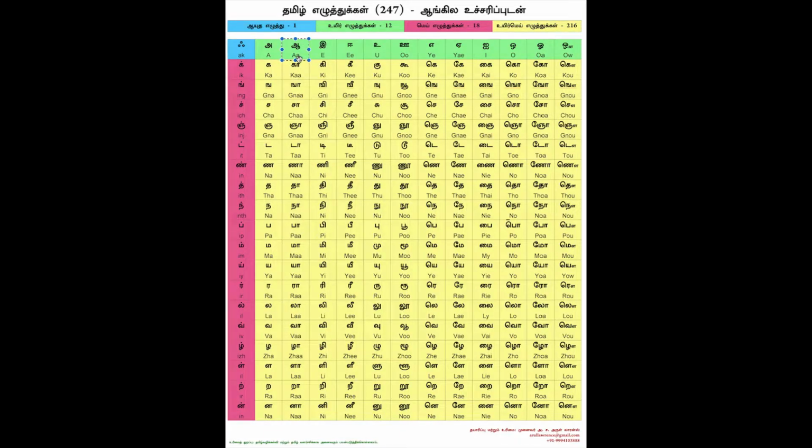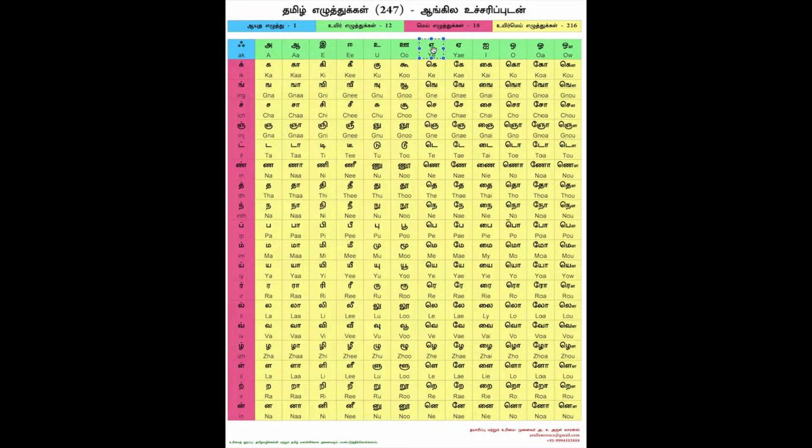Avana, A. Ina, I. Iana, I. Una, U. Uana, U. I'm trying to emphasize the longer version so you guys see that there's actually a big difference. It's very important because in some words in Tamil, whether you put the short or the long, it can change the meaning of that word.